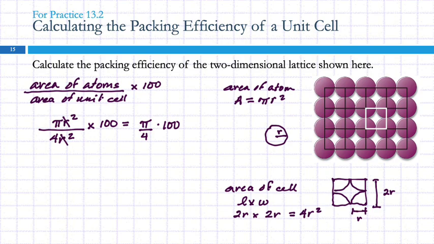Okay, so that is equal to 78.5%. So inside of this white square, 78.5% of that area is occupied by the atoms, and the rest of it is empty.